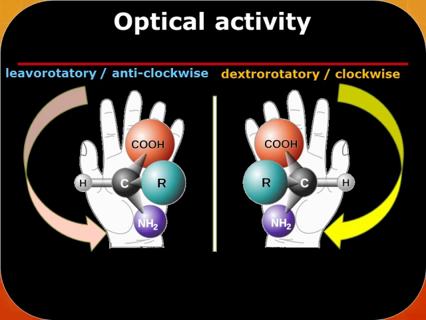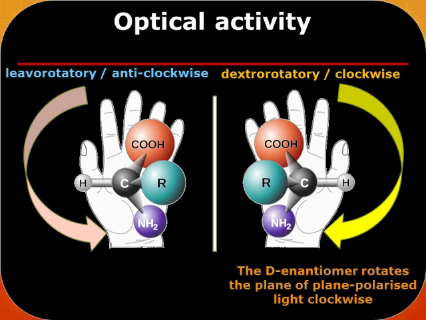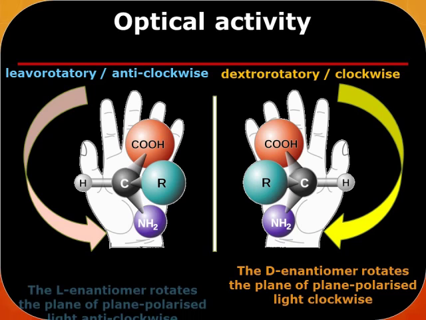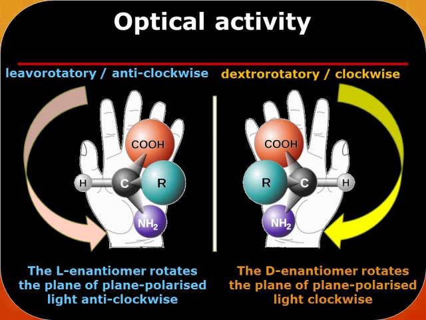There are two enantiomers which are mirror images, or we can say both are isomers of a chiral compound: one is the object, the other the image. The D enantiomer rotates the plane of plane polarized light clockwise and the L enantiomer anti-clockwise.